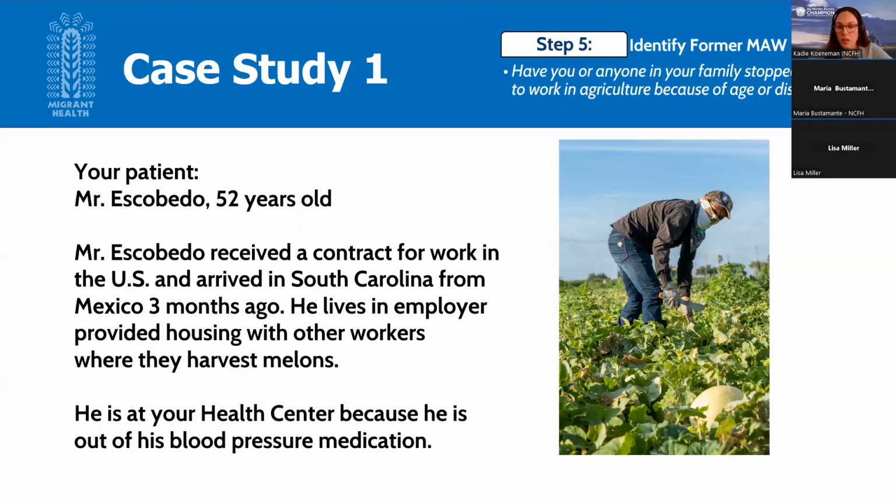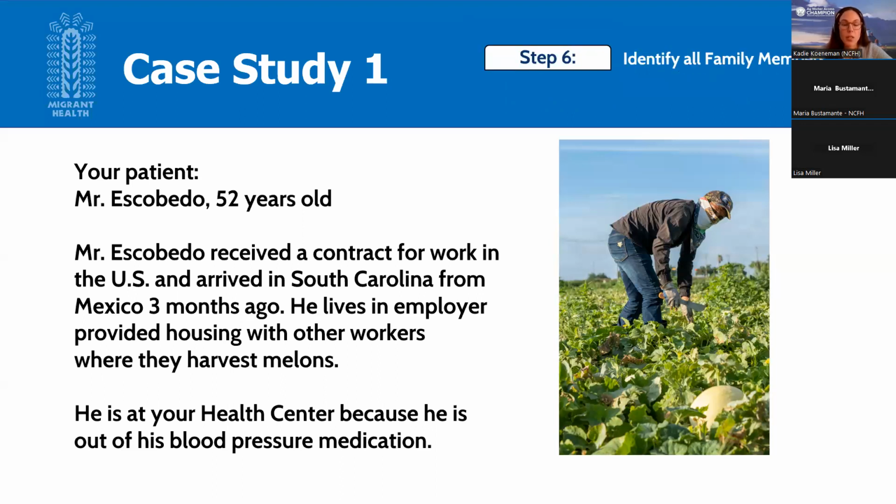And then our last step here is to identify all family members, which we don't have any family members mentioned in this description. So we've covered all our bases. We've gone through all 6 steps. How would you report this patient in your UDS reporting? Would you report them as a migratory agricultural worker, a seasonal agricultural worker, or can you not classify them as an agricultural worker? Please share with us in the chat.